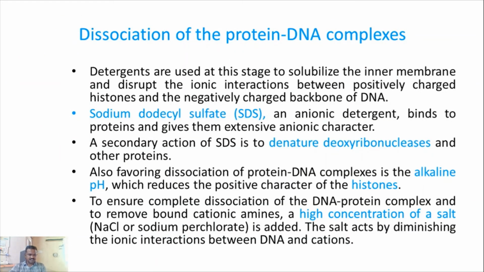Next one is dissociation of protein DNA complexes. This is a very important phenomenon, but some do not mention it this way. You know very well both eukaryotic and prokaryotic genomes are always associated with DNA binding proteins called histones.